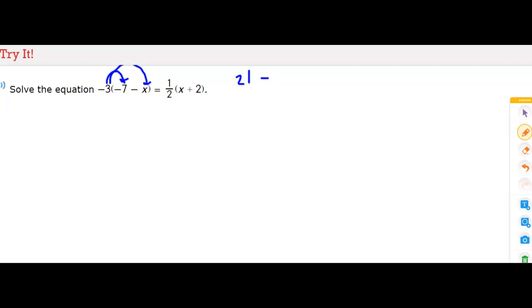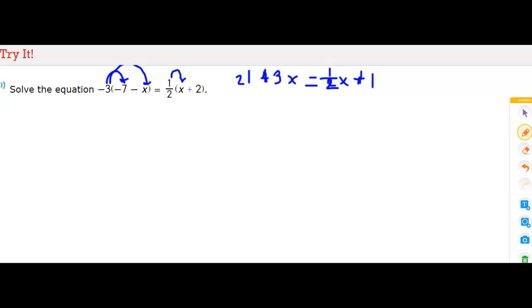So we have now positive 3x, so that changes to a plus sign. And then we have equals 1/2 times x and 1/2 times 2, which is 1.